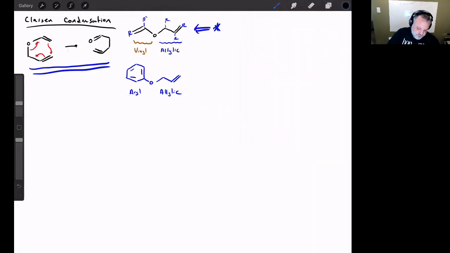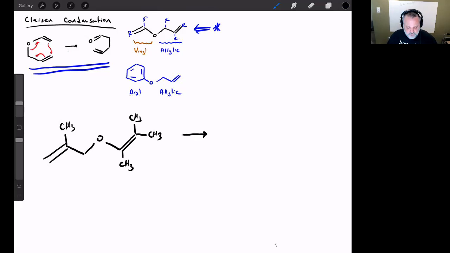So for instance, what if I showed you something like this? Let's add a methyl group here. Let's add an ether here, double bond here. And then let's take some methyl groups all around here. How do I produce the product in this case?